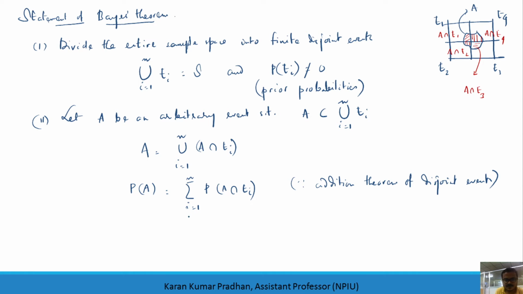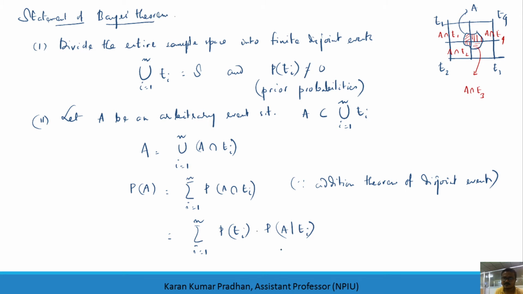Now, as per the multiplication theorem of probability, I know that the probability of A intersection Ei is the probability of Ei, the prior probabilities you have, multiplied by the probability of A given Ei.